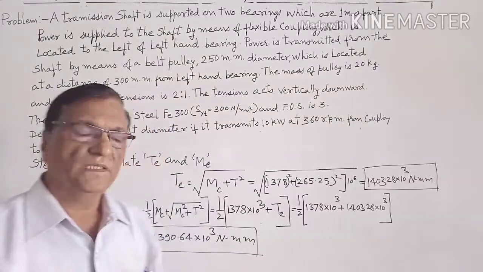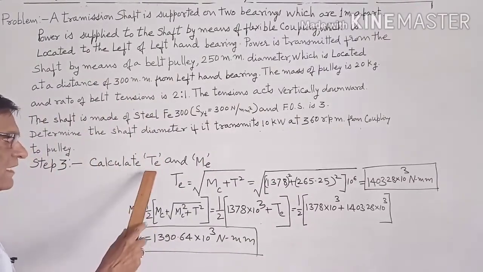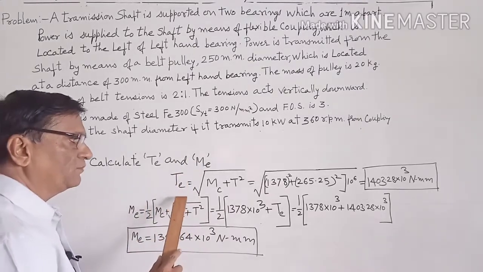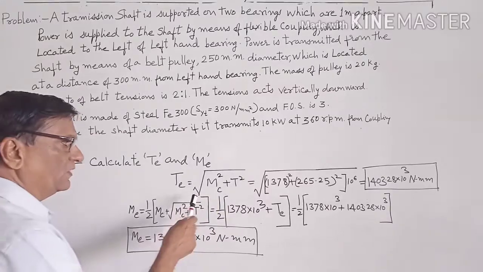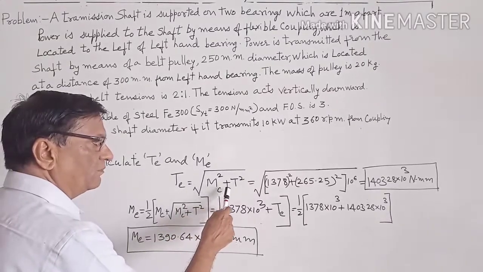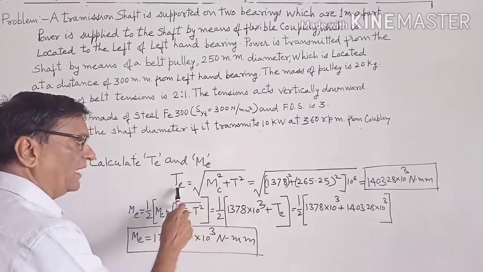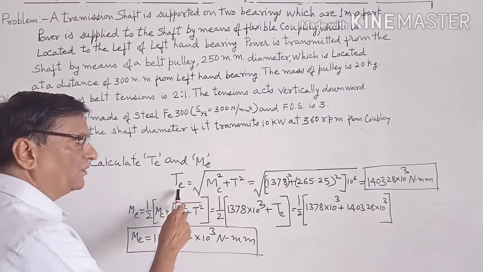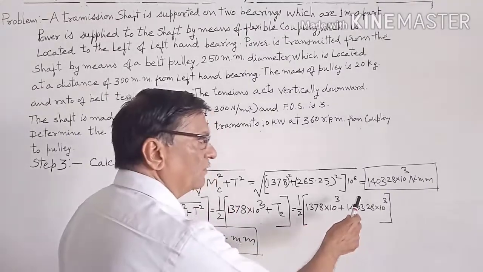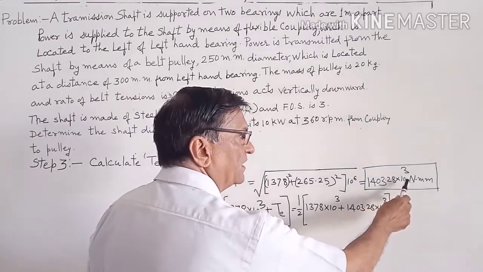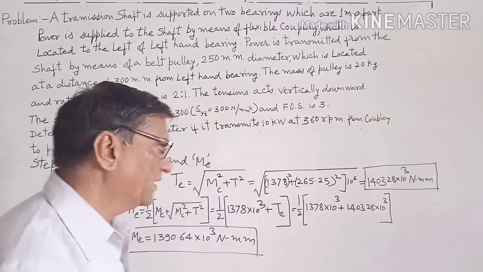The next step is to calculate the value of equivalent torque and equivalent bending moment from this formula. Te is equal to root of Mc square plus T square. Putting the values of bending moment and torque, the equivalent torque comes out to be 1403.28 into 10 raised to 3 Newton millimeter.